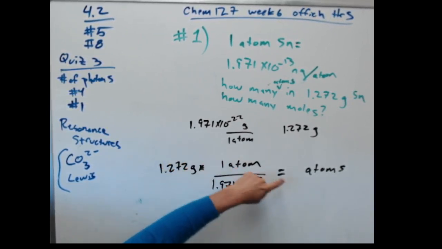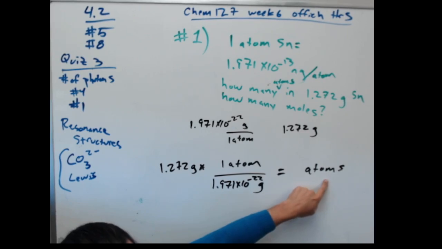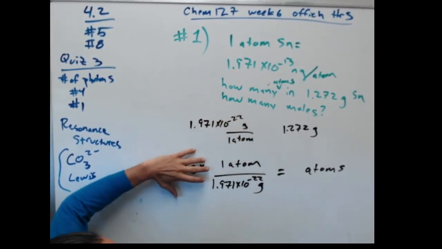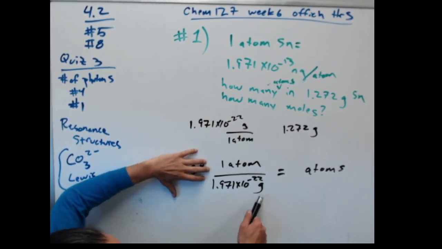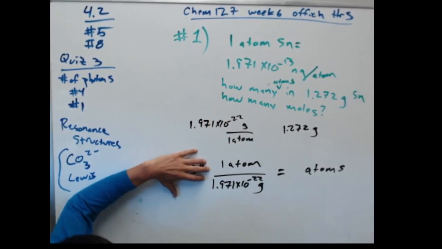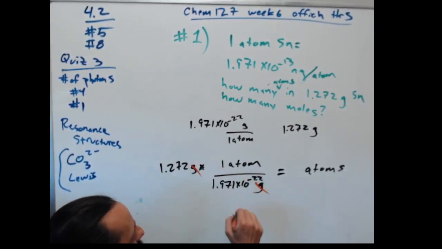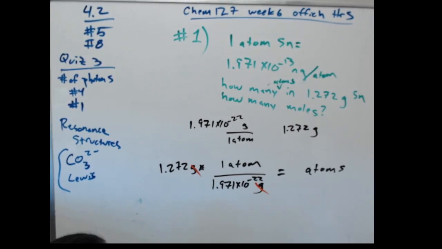In order to get atoms on top, because I knew my answer was in atoms, I knew this thing had to be flipped over. Once I have that flipped over, I also want to get rid of the grams. If I multiply the grams on top, the grams on the bottom will cancel. Grams cancels grams, and I'm left with just atoms.